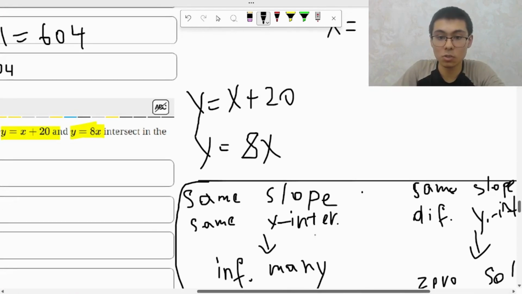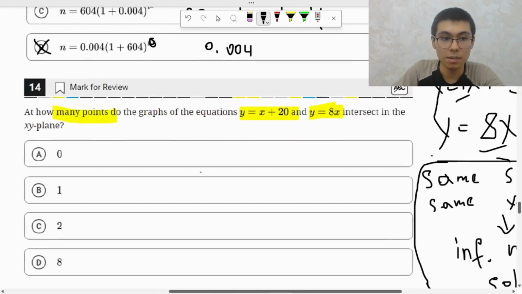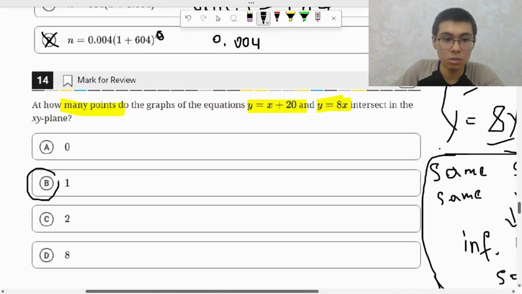So in this case we have different slopes and different y-intercepts. 20 and 0, they're different, right? So that's why there's only one point.